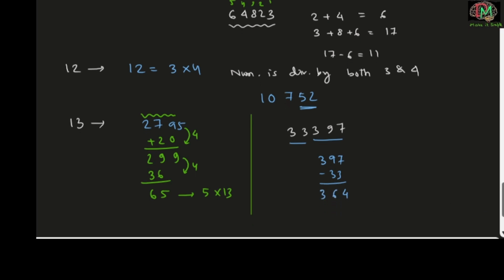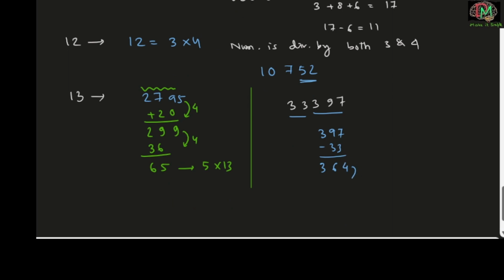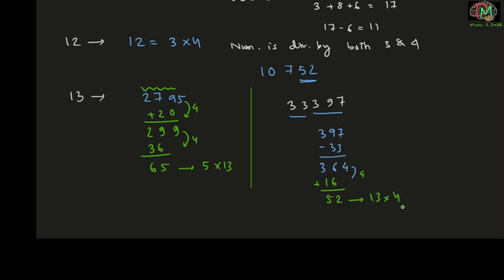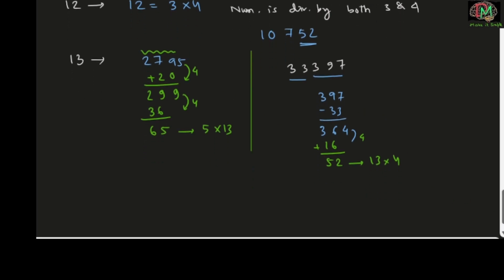Then you can apply the first method, that is multiply the last digit by 4 and it will be 16, and you add together and you get 52. So 13 into 4. So we can say that this 33397 is divisible by 13.